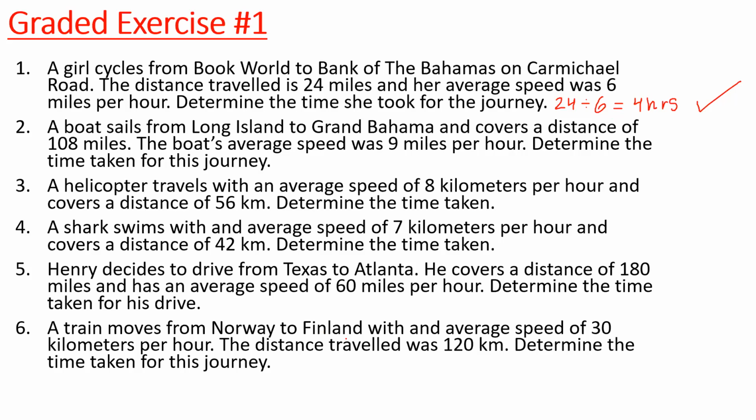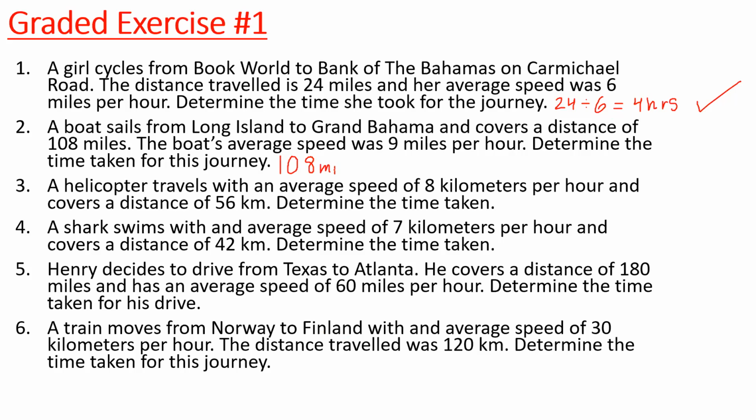Reagan, explain number 2, please. A boat sails from Long Island to Grand Bahama and covers a distance of 108 miles. The boat's average speed was 9 miles per hour. Determine the time taken for this journey. Good.